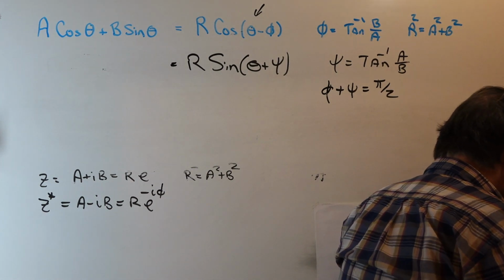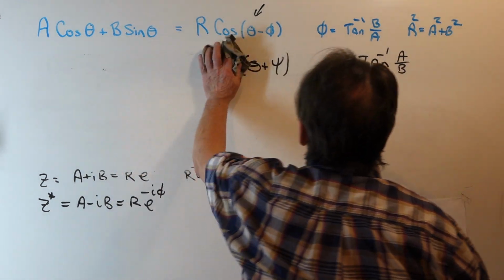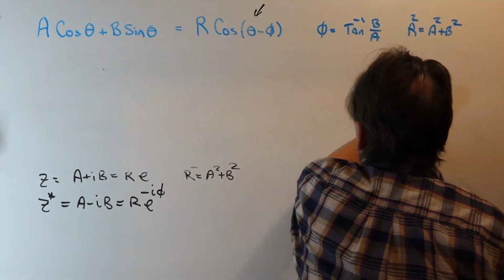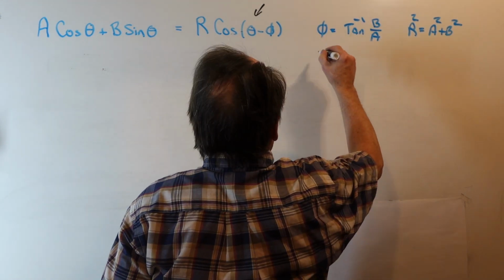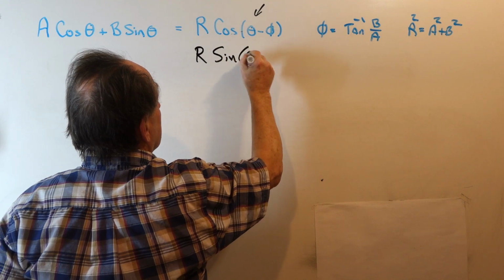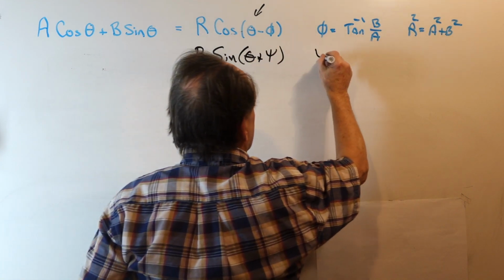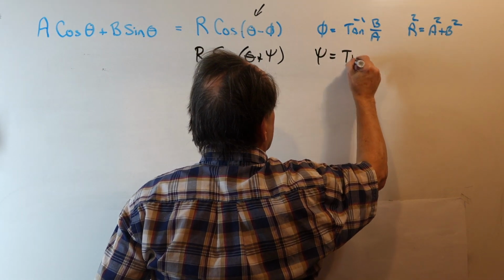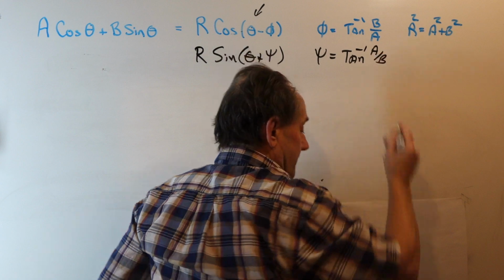Now, let's look at this a little bit further. So I'll write this as r sine theta plus psi, and psi equals the arctangent of a over b.